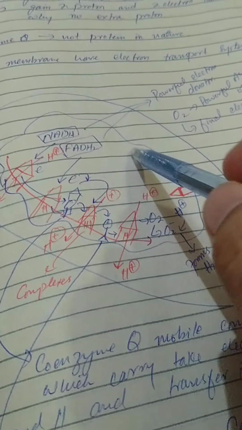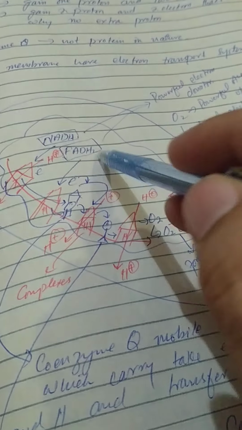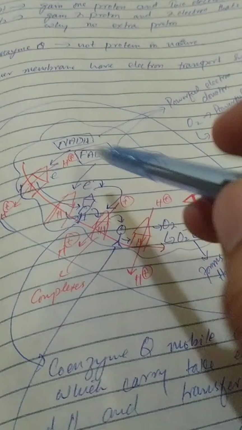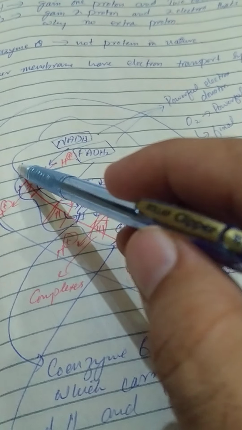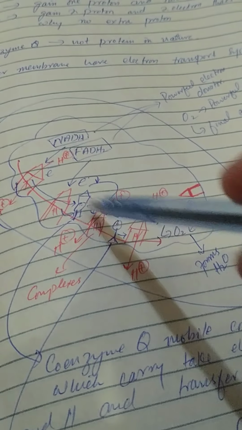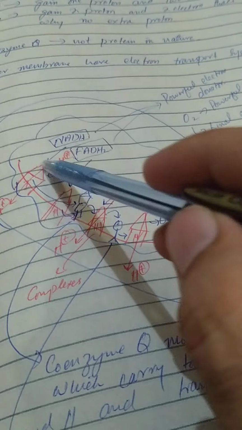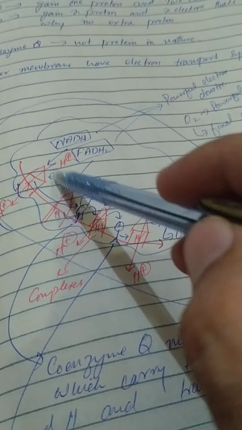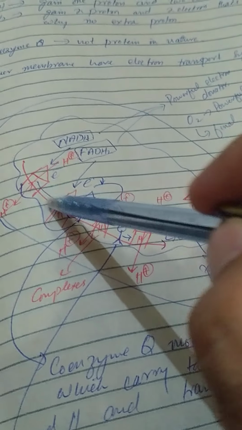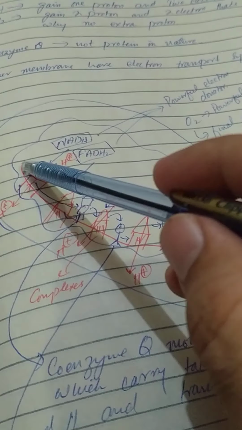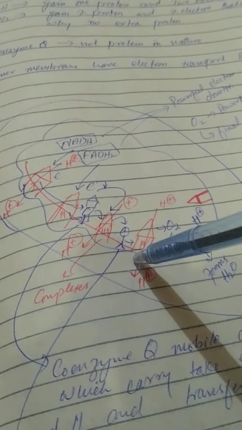Here in the matrix we have a lot of free hydrogen protons in the matrix region of the mitochondria. Now these electrons, when passed through different types of complexes, are energetic electrons, and when they pass through complex 1, this whole complex becomes energized. When these electrons pass through complex 2, complex 2 becomes energized, and the same is the case with 3 and 4.